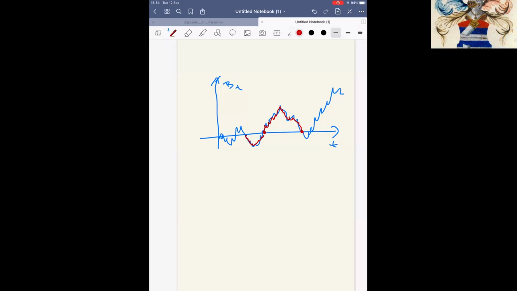And you will get a picture like that. So you have here a small excursion, then the next one looks like this. Then you have this one. And the next one looks like this. Then this big one that I drew before. And you get little pieces of functions.